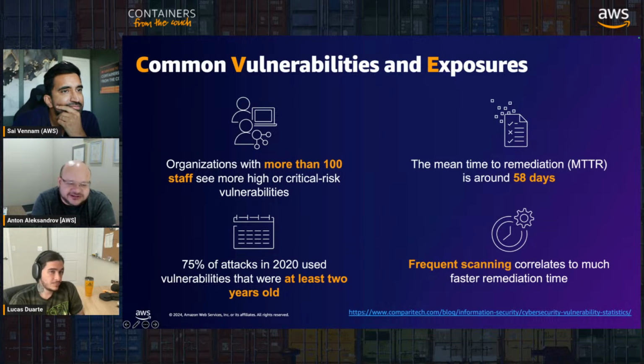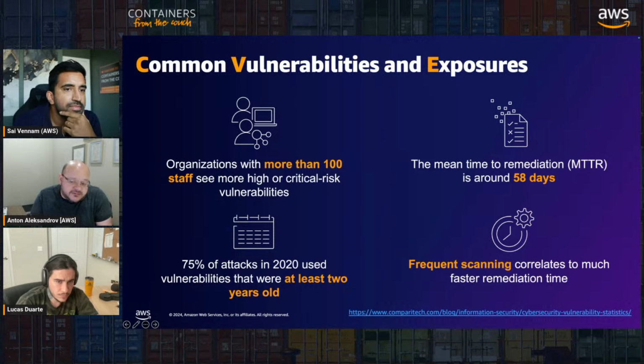So this is crazy. Those vulnerabilities are out there for years, and a lot of microservices, a lot of containers, a lot of software that we see being built is still not patched. So what we want to talk about today is how we can actually address that.